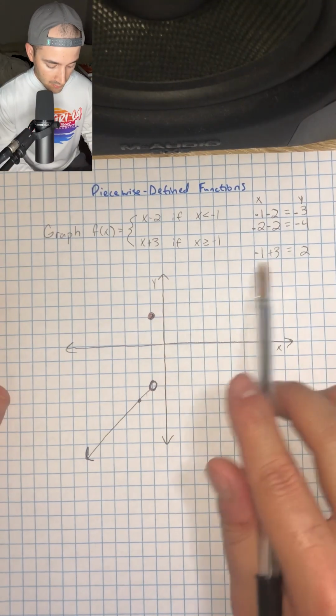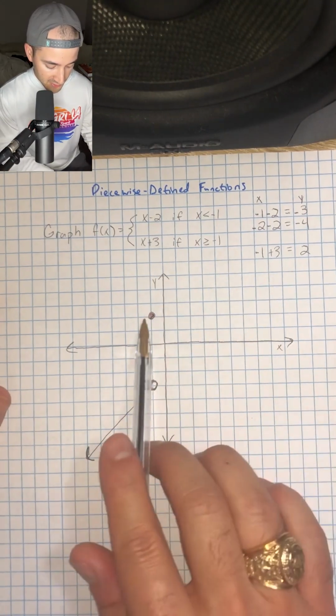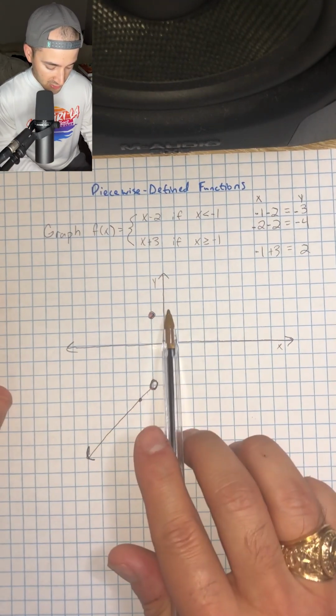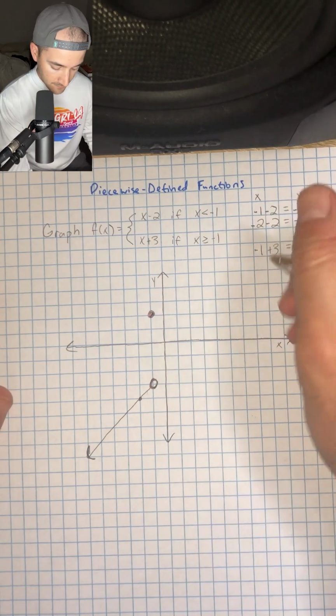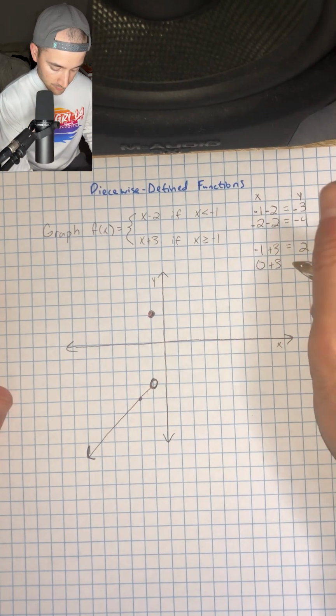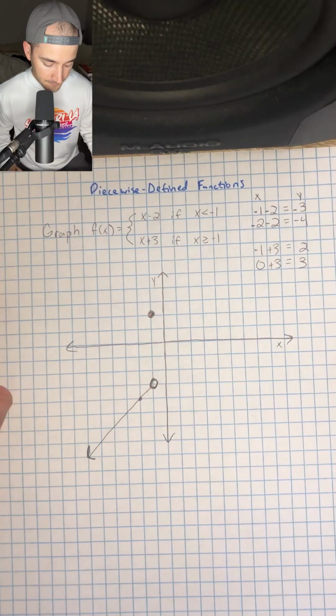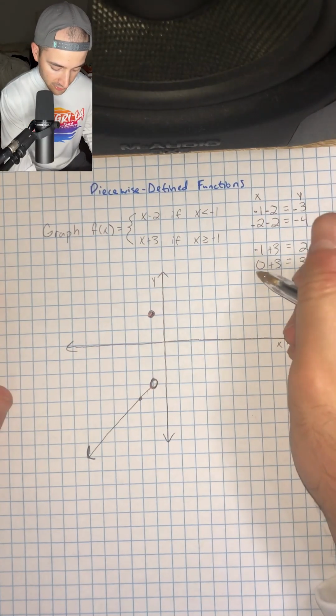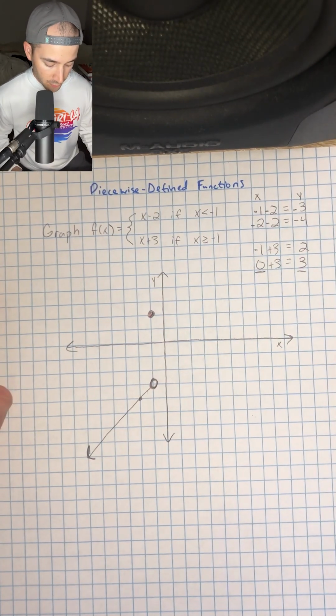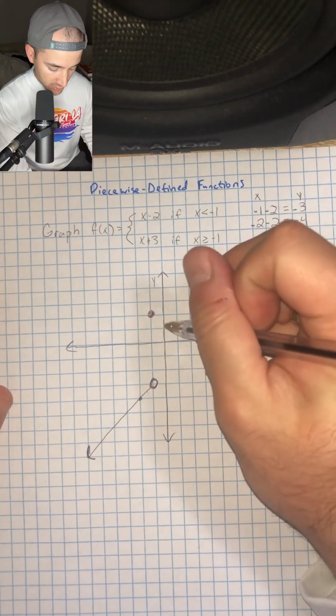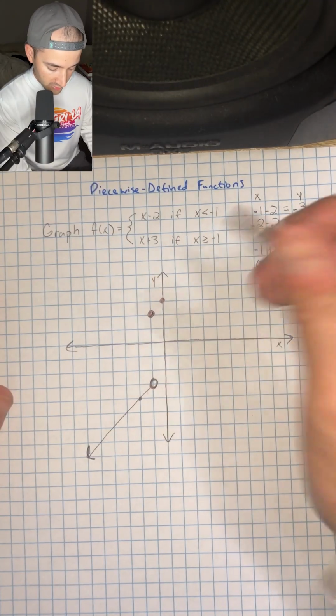Okay? Let's go ahead and plug in one more point. So moving to the right, let's use x is equal to 0. So 0 plus 3 is equal to 3. So that means we have a point at 0, comma 3. So 0 and then up 3 right there.